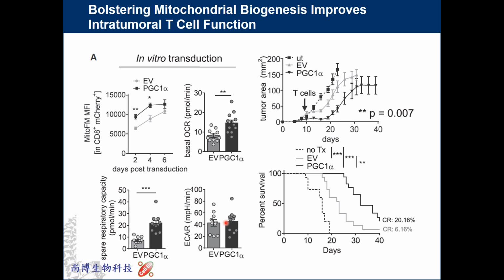So we produce a super mitochondria T cell, and we try to cure the mouse with tumor. You can see the tumor area increased more slowly, and the survival rate is prolonged. So it is a very important hint and clue to let us know how important mitochondria are in immune cells.